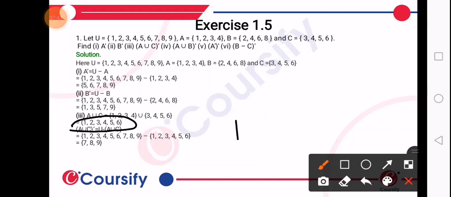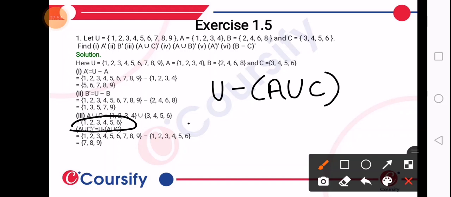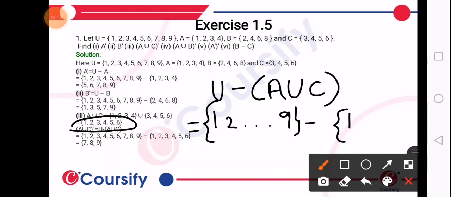Next, we have to find A union C complement. The complement of set A union C would be the universal set minus the set A union C. In the universal set, we have 1, 2, all the way up to 9, minus 1, 2, all the way up to 6.